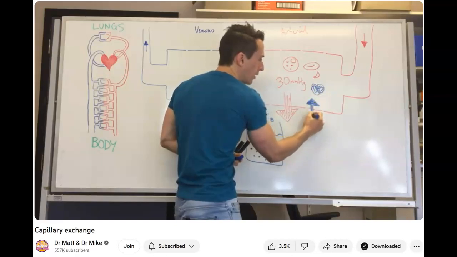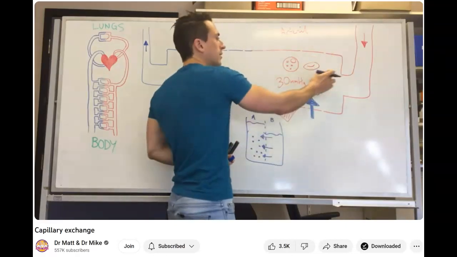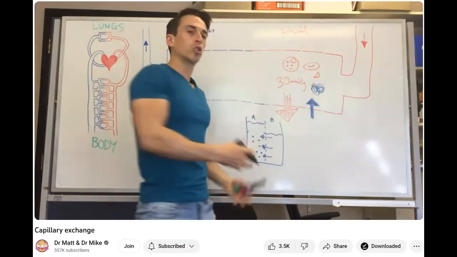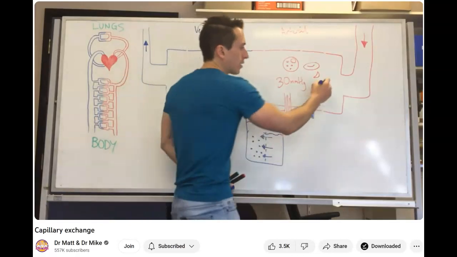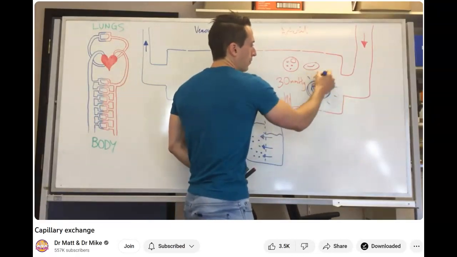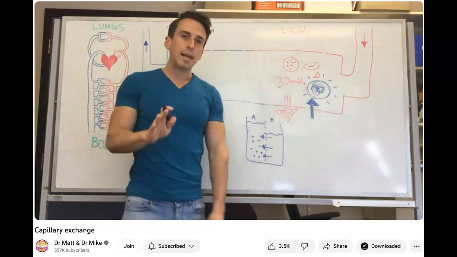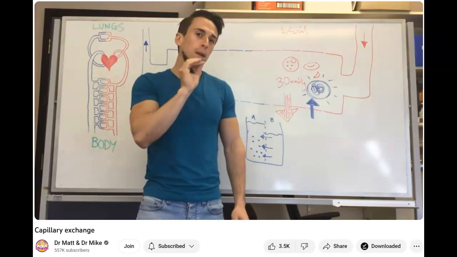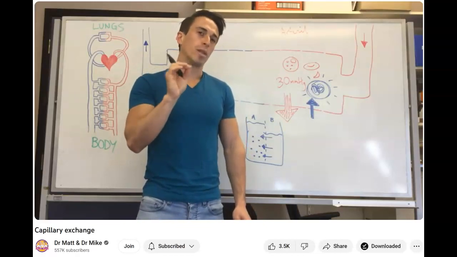Now, of all these particles, so I said red blood cells, platelets, white blood cells, proteins, which of these exert the strongest pull? The answer is the proteins. Now, the next thing is, which proteins? You should know what the most abundant protein is within the blood.